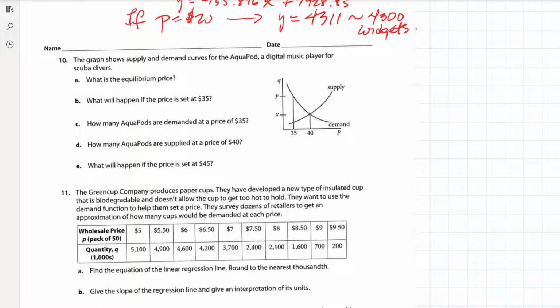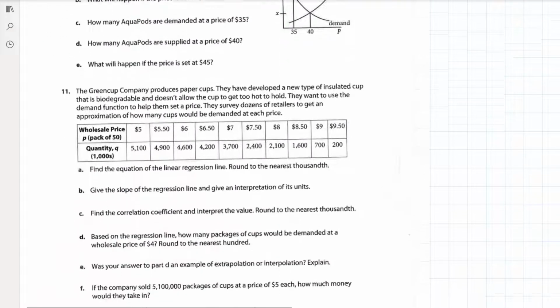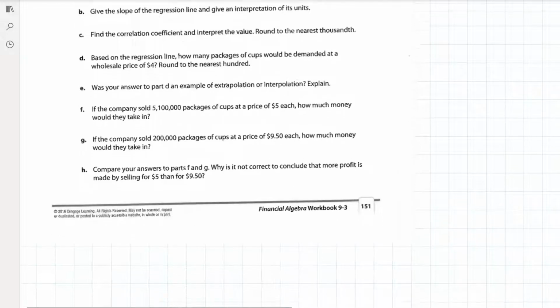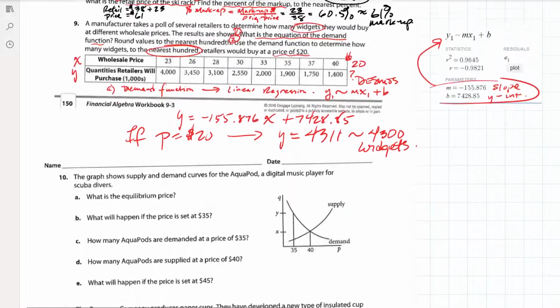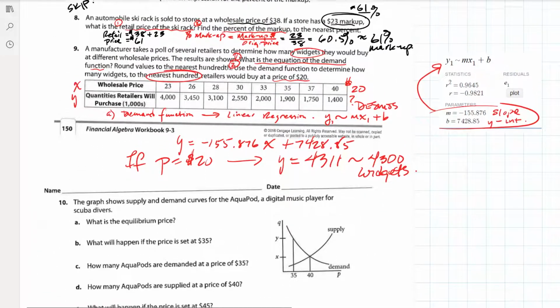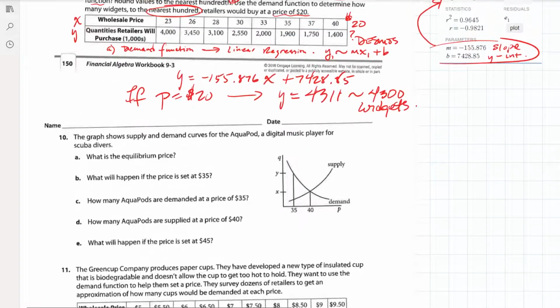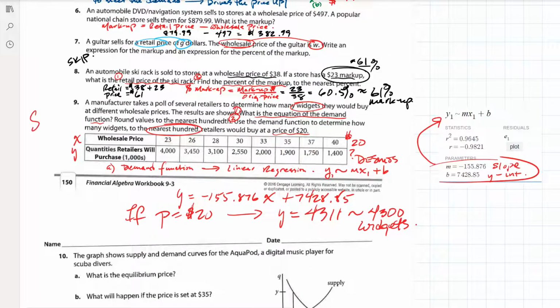What you guys need to do is figure out the rest on your own. I'm going to stop the video here, because number 9 and 11 are very similar, so keep that in mind on the next page.